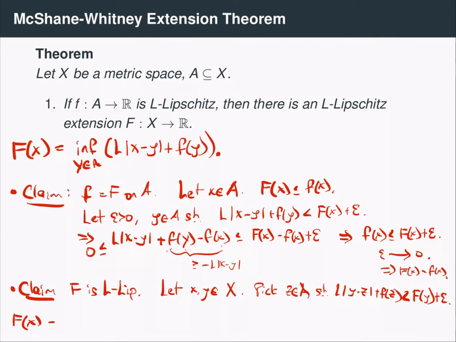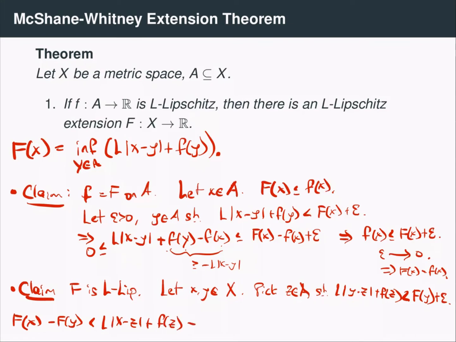So if we look at f of x minus f of y, notice that f is defined to be an infimum over all points in A. So in particular, it's less than this quantity if we just let y equal z. So this is going to be at most L of x minus z plus little f of z.